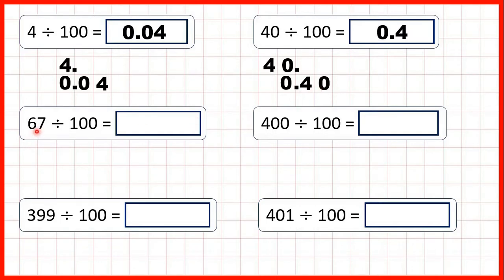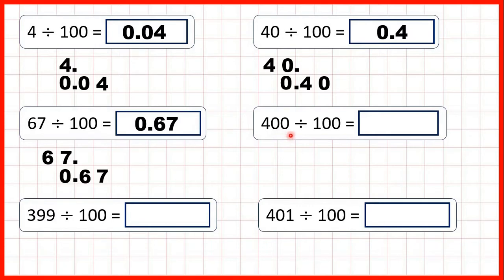Now we have 67 divided by 100, so we write out the number with the decimal point on the end, copy down the decimal point, and move each digit 1, 2 squares across. We need a 0 in our empty ones column, and now that gives us our answer 0.67.